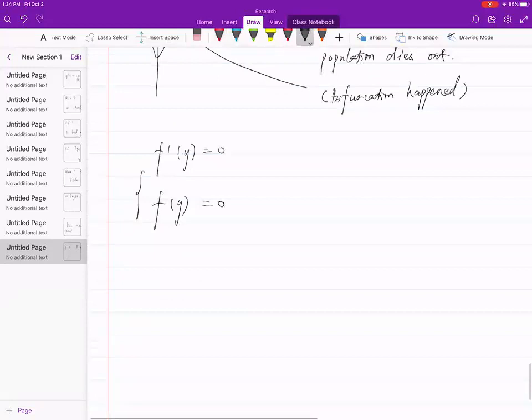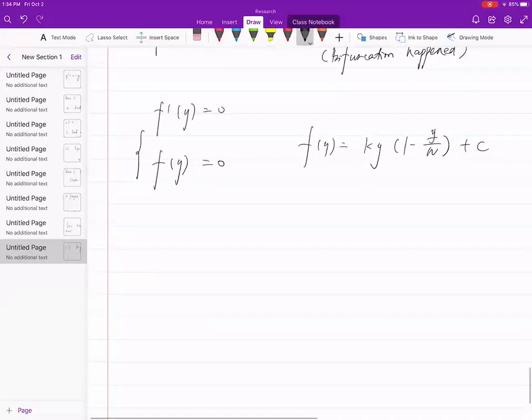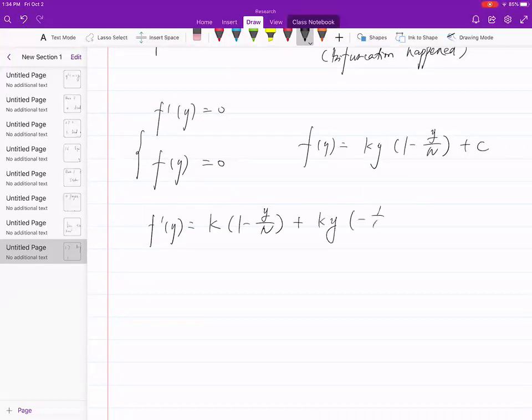Old trick. f(y) is ky(1 minus y over n) plus a c. f prime y is going to be k, plus ky times the derivative of this, minus y over n.